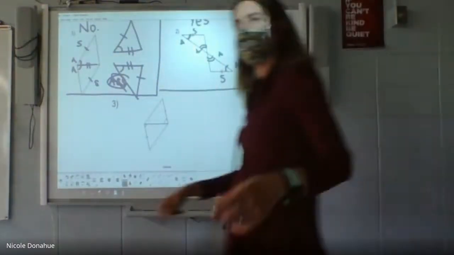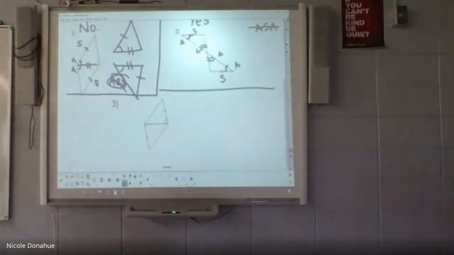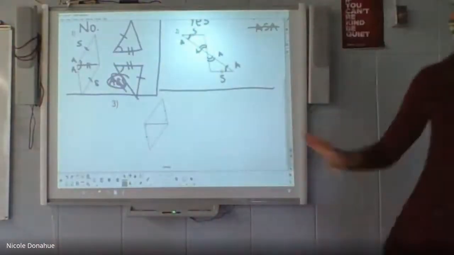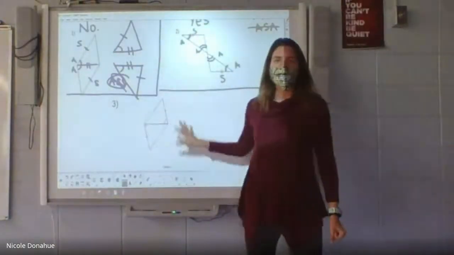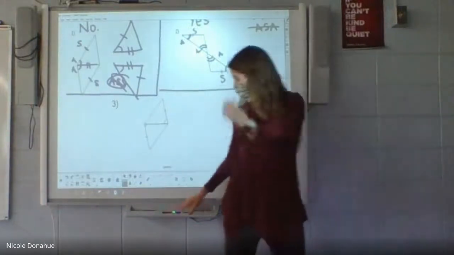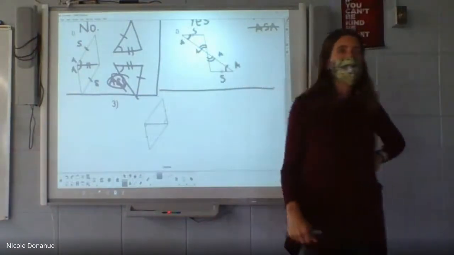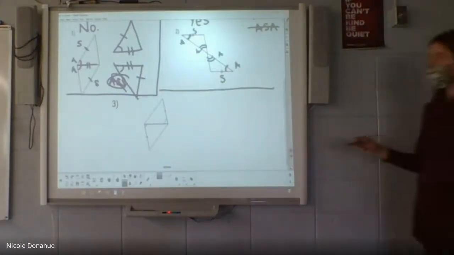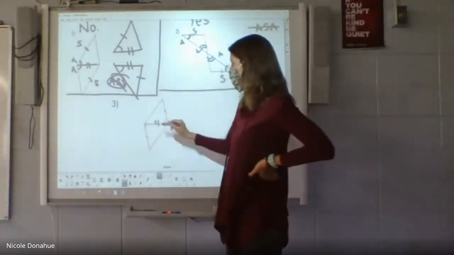Okay. I think we're almost getting close to half no's, half yeses. All right. Number 3, the center one. Okay, what do we have that isn't marked? Shared side. So get used to seeing those shared sides.